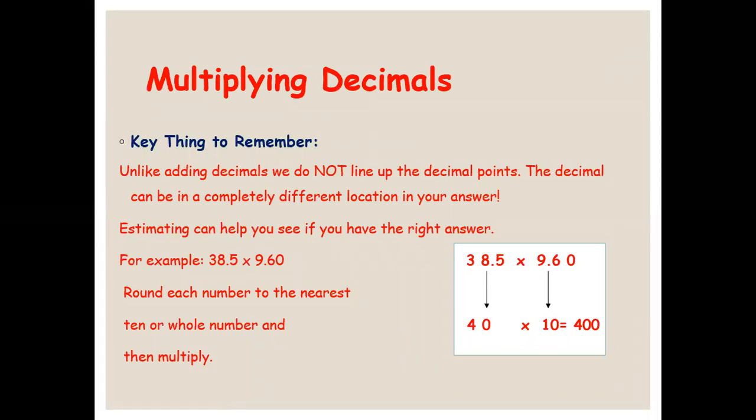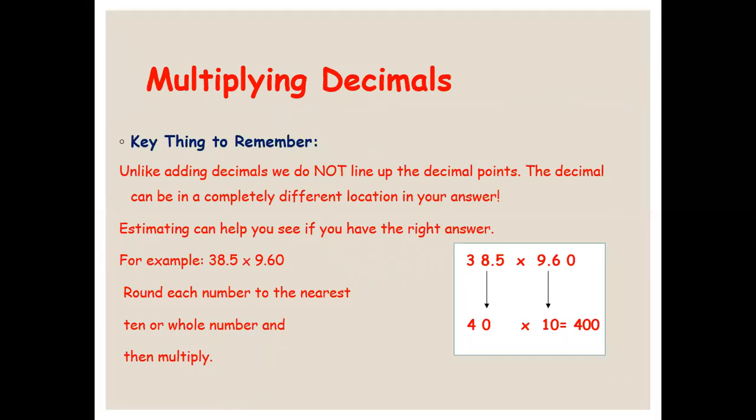Now, certain things you have to keep in mind before multiplying decimals. The first thing is you can do estimation to see if your answer is closer to the estimated answer. And one more thing to keep in mind is alignment.